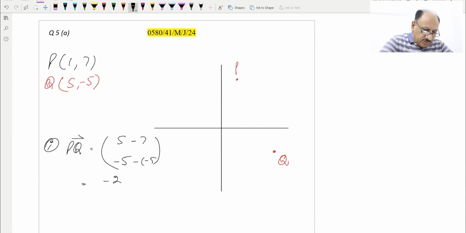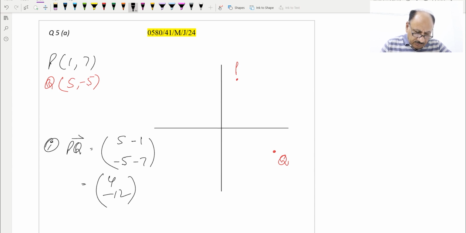Okay, 5 and minus 1, we have made a mistake over here. So this will be 5 and minus 1 and minus 5 and minus 7. So these will be the coordinates, and this will change to 4 and minus 12.